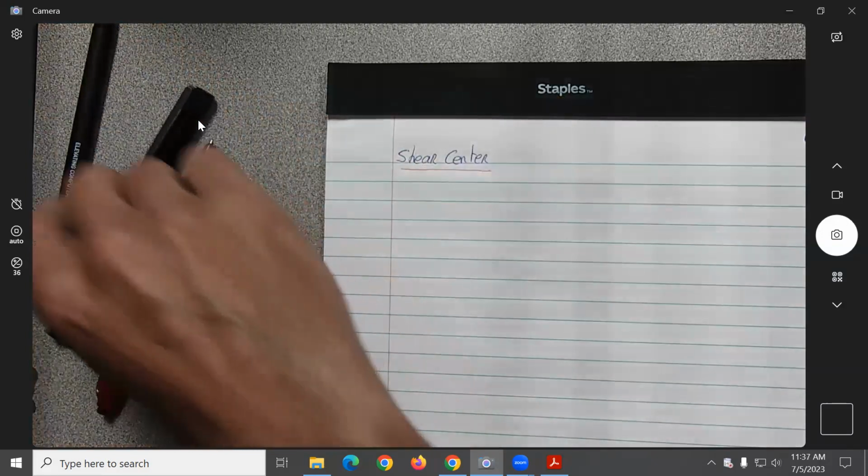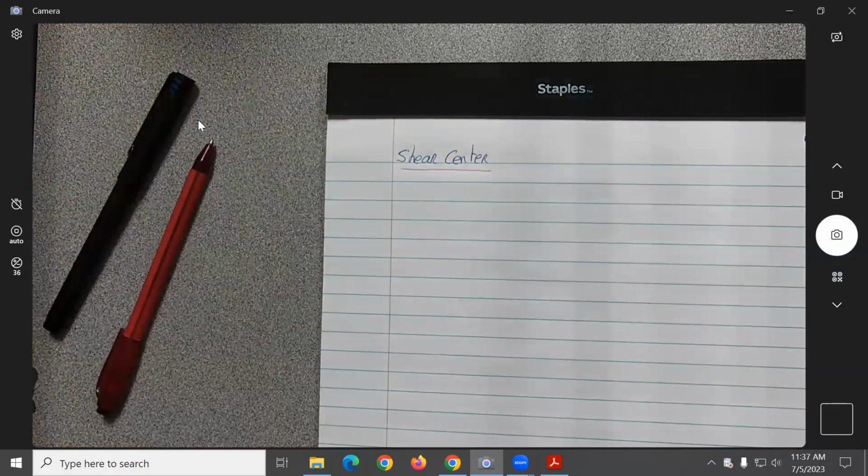I'm sure you have done that in structures 1, no? Find the shear center of open cross section. So what is the definition of shear center?